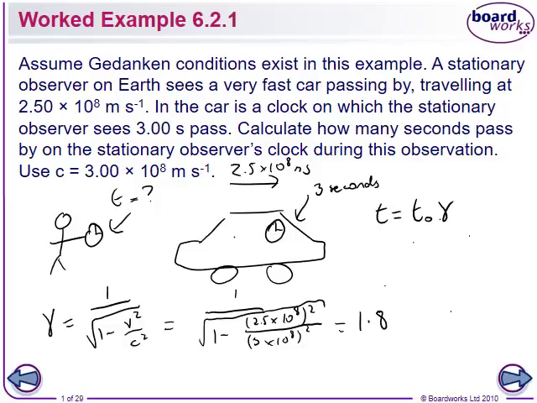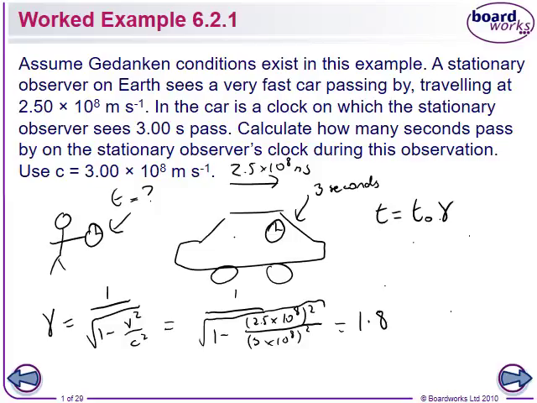We've got 3 seconds of proper time. So if you were in the car, you would observe 3 seconds going past. Therefore, the dilated time is what the observer is going to see, because the observer is not in the same frame of reference as whatever's measuring the time.